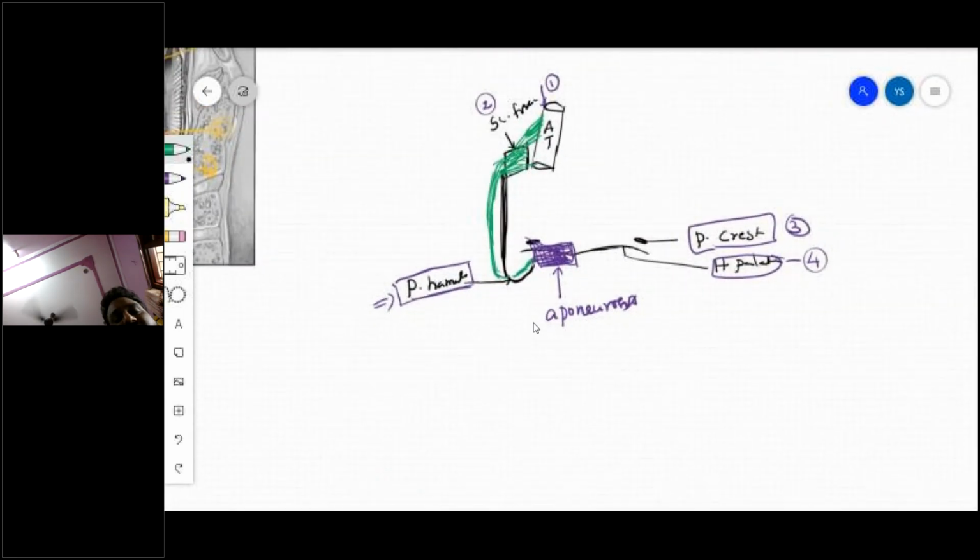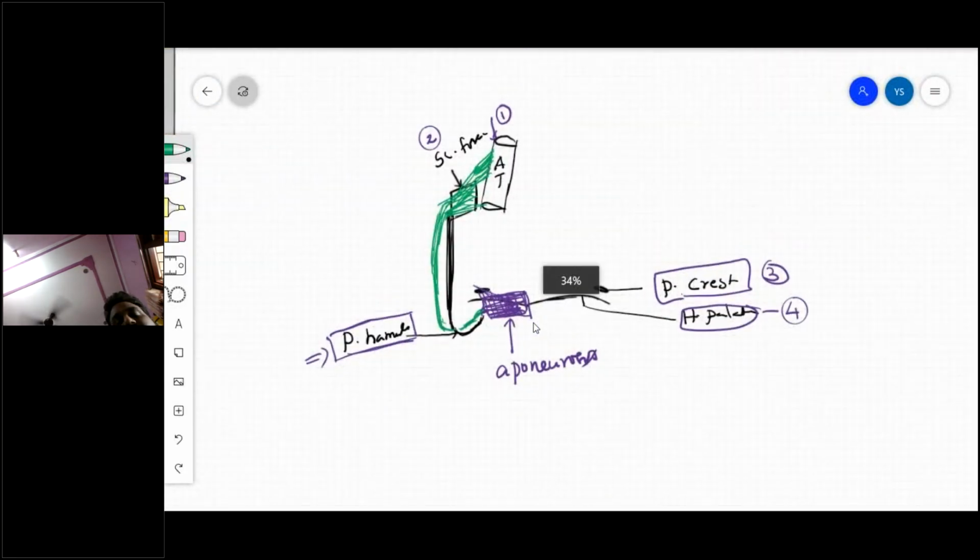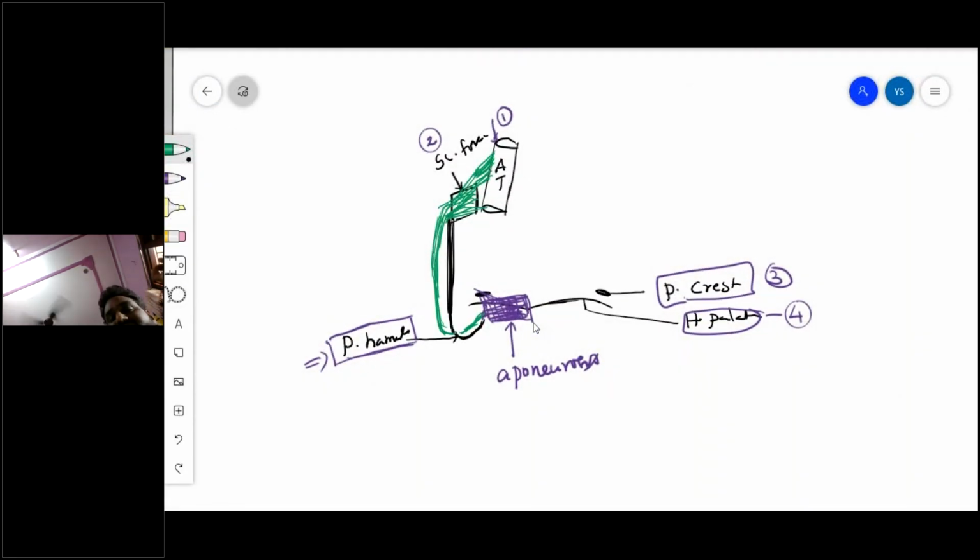And here I want to highlight one more thing. The main fibrous framework of the soft palate is formed by the aponeurosis of tensor veli palatini. The aponeurosis is present in the middle of the soft palate, from which the remaining muscles take origin.